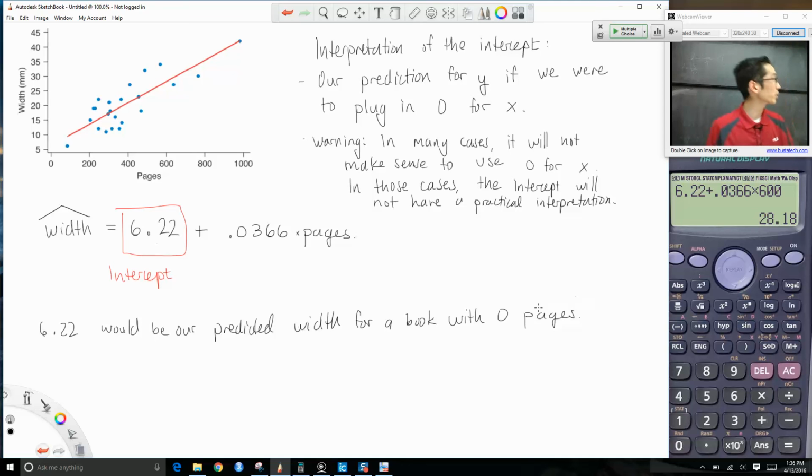A practical interpretation would be the thickness of the covers of a book.